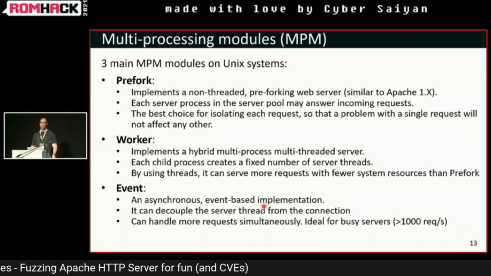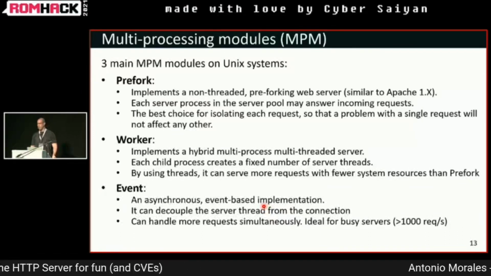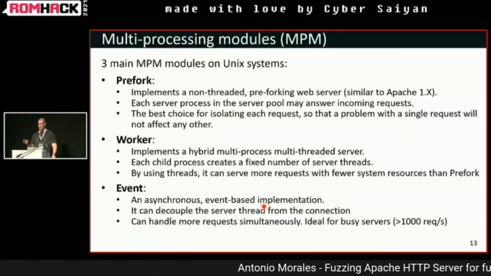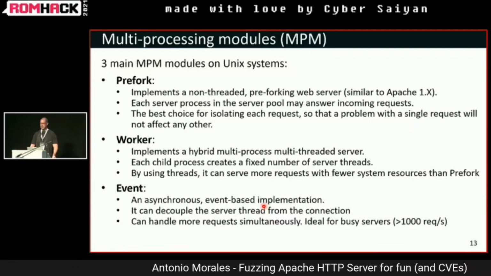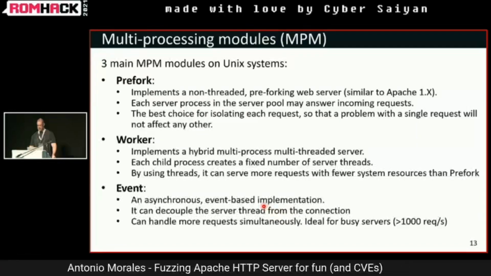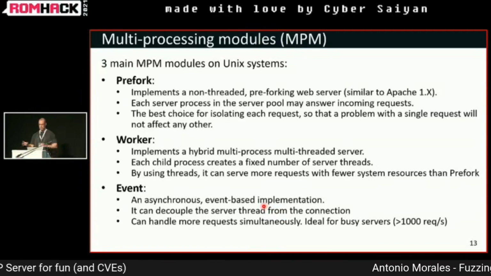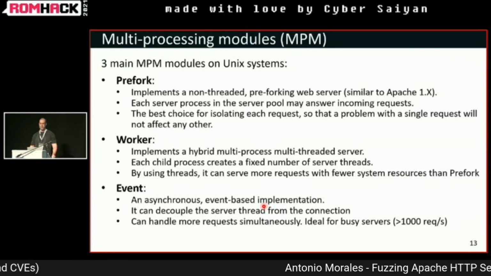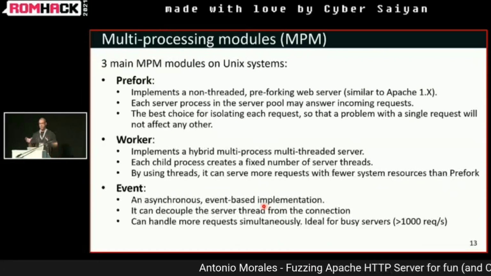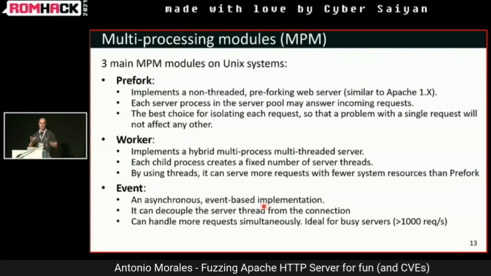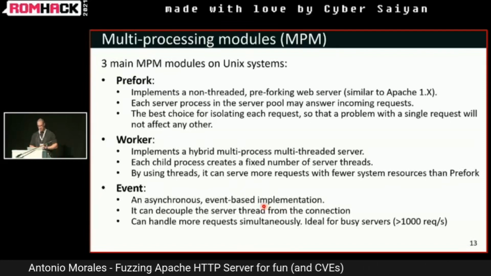That is how the old versions of Apache used to work in the past. The second MPM configuration is the worker MPM. This MPM implements a hybrid multi-thread and multi-process server. In this MPM, each process creates a fixed number of threads.